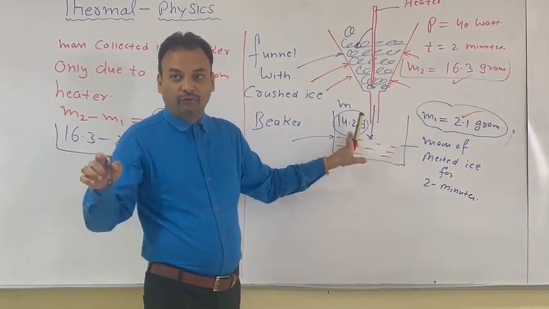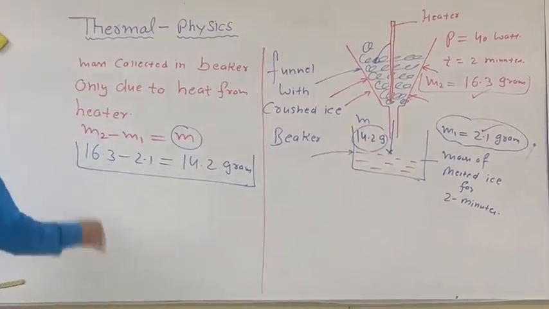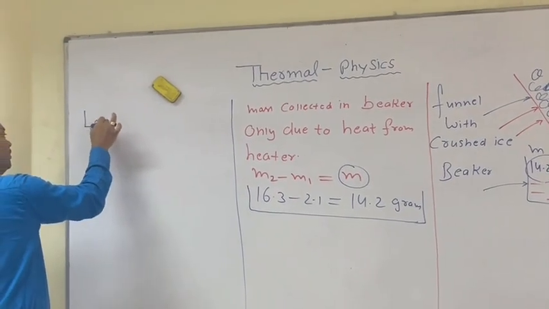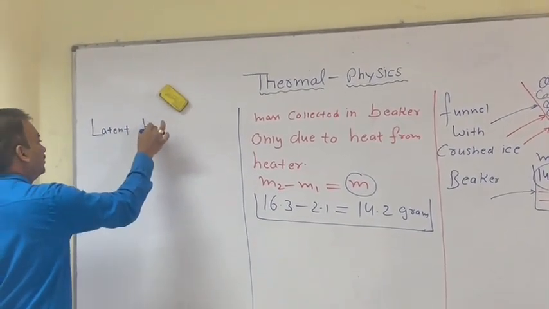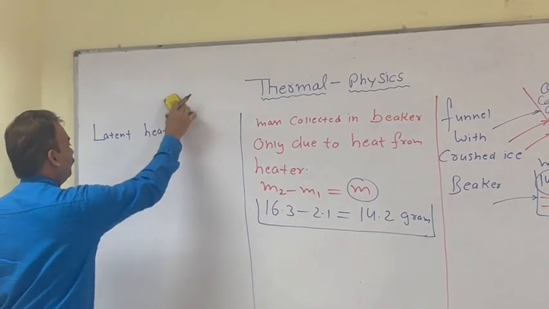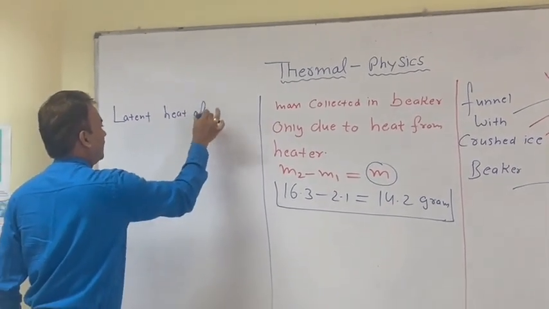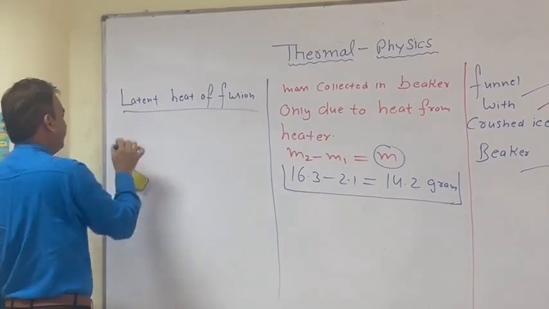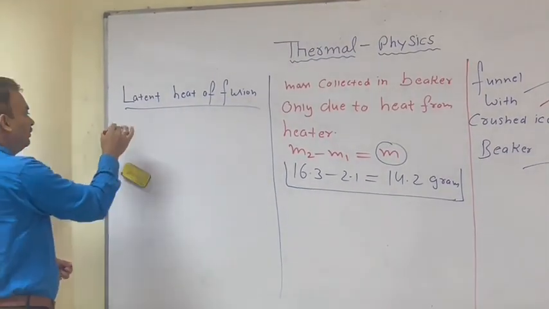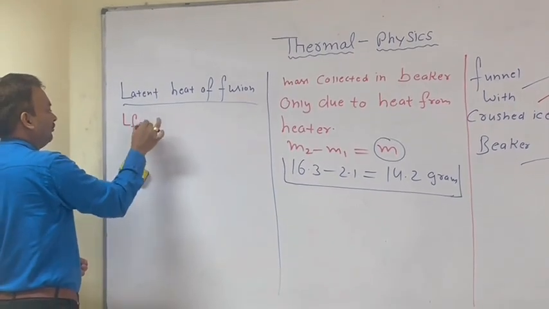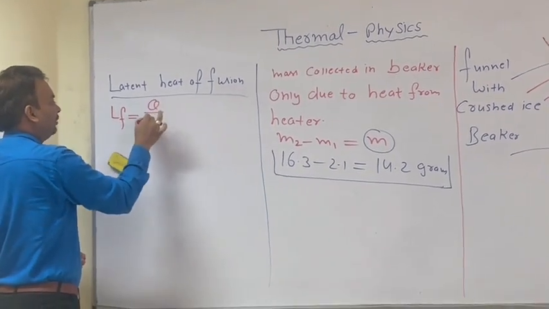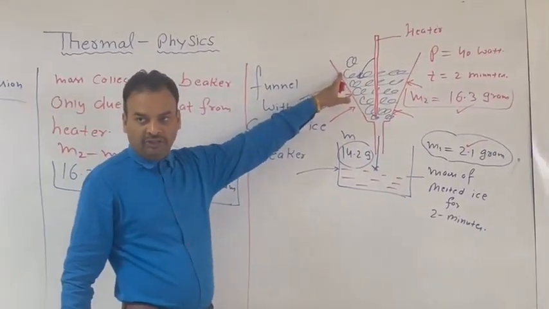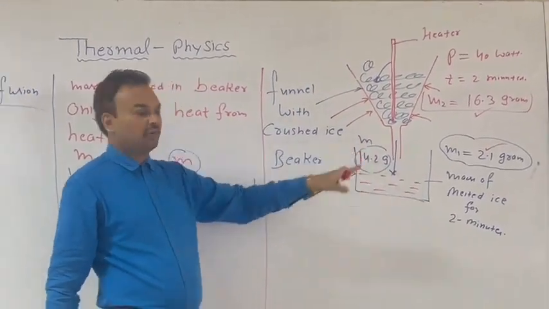Latent heat of fusion, right? So latent heat of fusion, LF, will be equal to Q divided by M, where Q is the heat from the heater and M is the mass collected in the beaker.